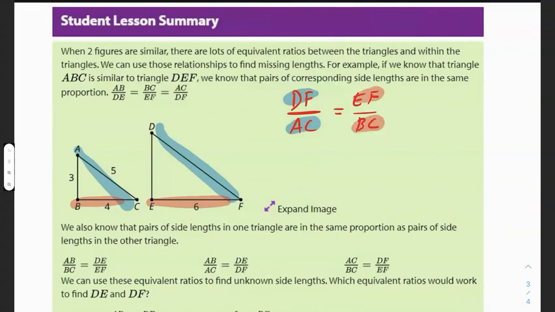There we go. So DF, we don't know what it is. AC we do know is 5. EF we know is 6, and BC is 4. Cross multiply can help solve for that missing side that we are looking for.